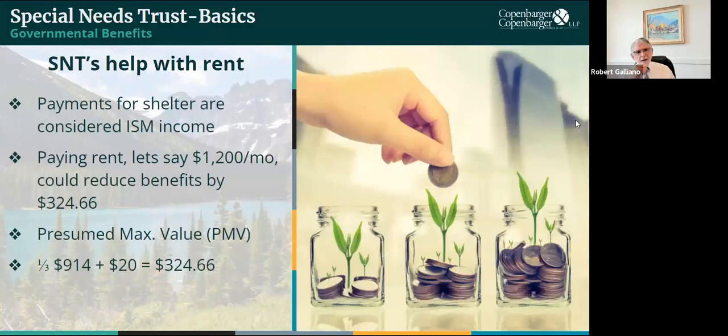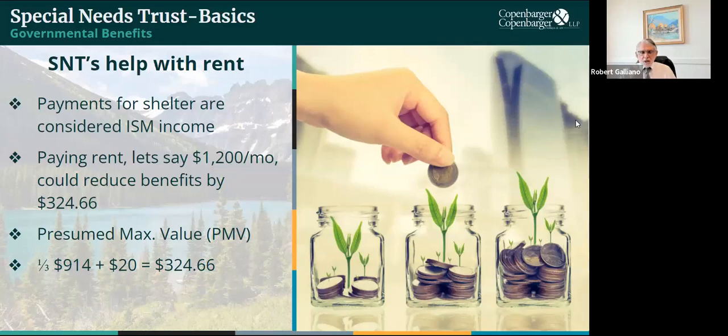All right. This is an important point because it comes up fairly often, and I will give you the scenario. Number one is, let's assume that you have a disabled beneficiary who has a special needs trust.